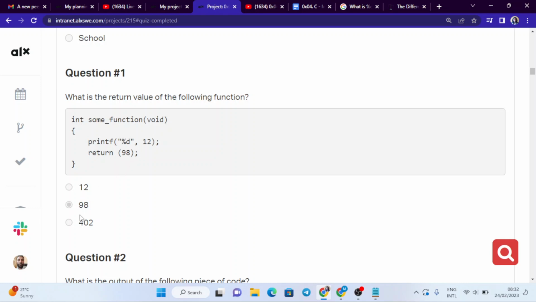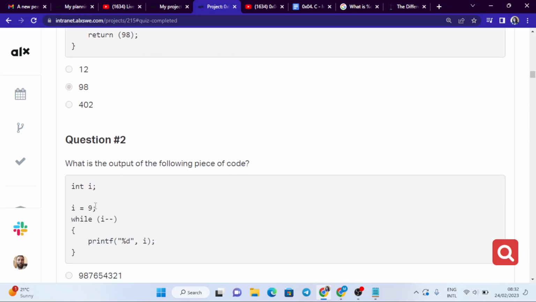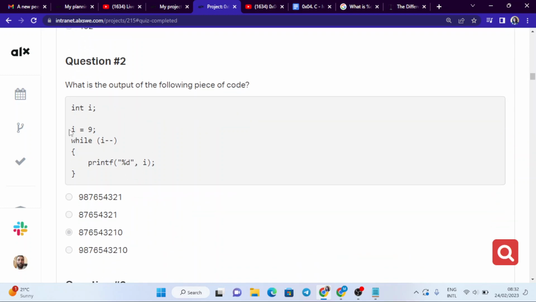So the output should be 98. The next piece of code: i equals 9, i minus minus, with percent d, which is decimal.